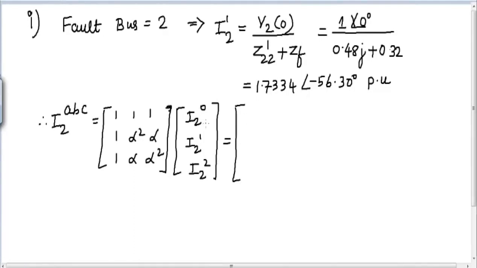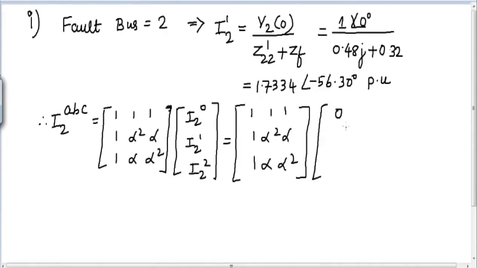I20. You know I20 is 0, so I will write here the simplified form. Then reply me the final answer. So here it will be 0, then here it will be 1.7334 at an angle minus 56.30, and 0. So reply me the final answer. What is the final answer? Okay.